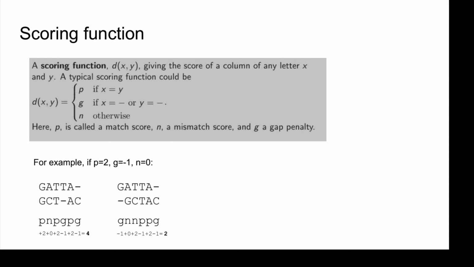So that's now 4 for the two matches, and we will have to subtract 2 for the two gaps, and that renders a score of 2. So having a scoring function allows us now to compare the two different alignments and see which one is the better of the two.